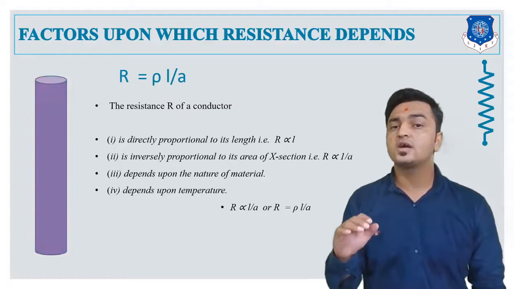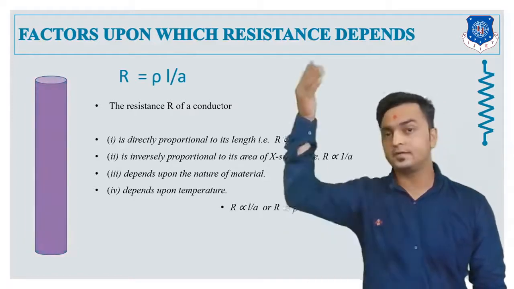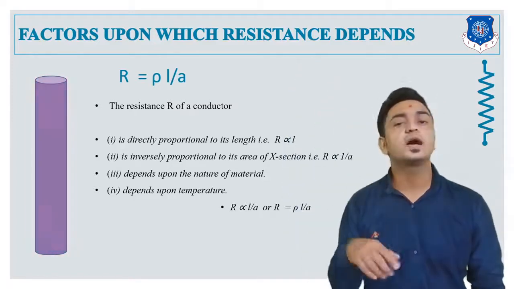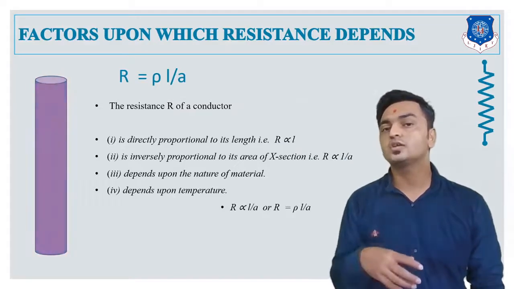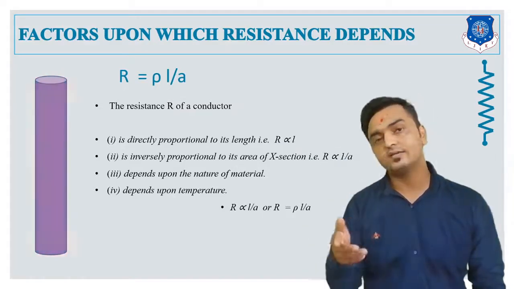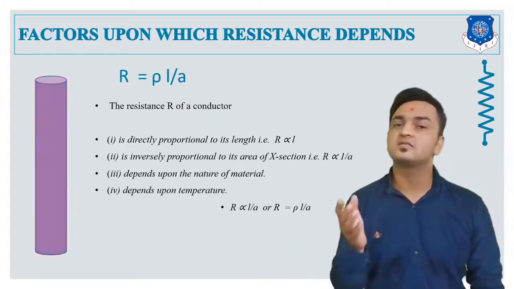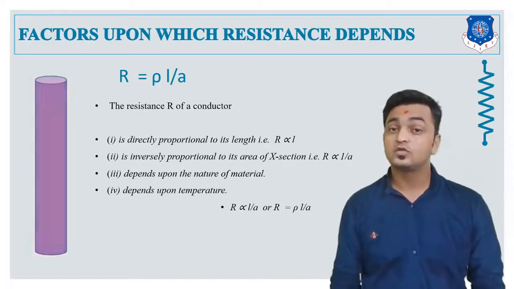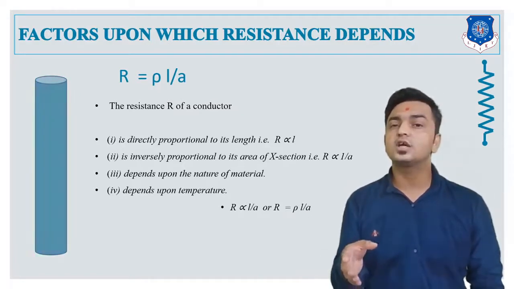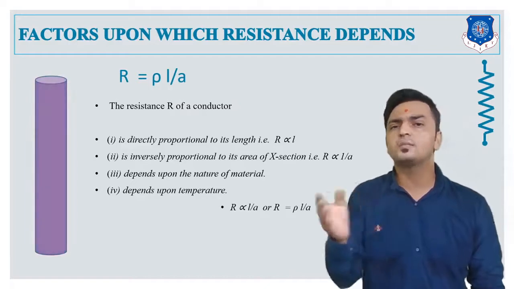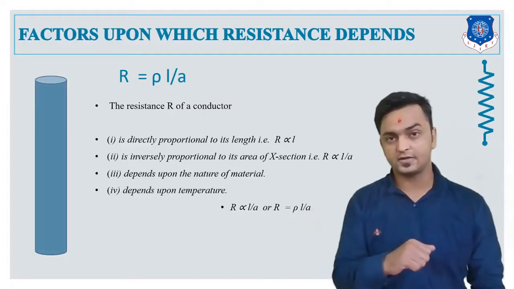If the number of collisions in a particular material is high, it will have high resistance, and if the number of collisions is less, there will be less resistance. So basically the resistivity of a particular conductor depends on the type of material.